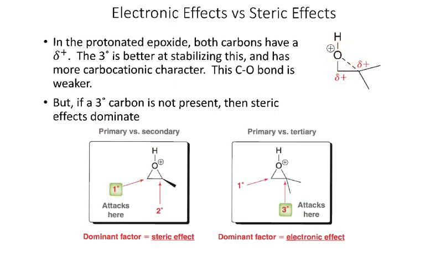Then when the nucleophile comes in, there's more positive charge associated with the more substituted carbon, plus the more it looks like a carbocation, the more planar it's going to be. And so the nucleophile has an easier time to get in here than we generally see with SN2 reactions. So these are what we call electronic effects.